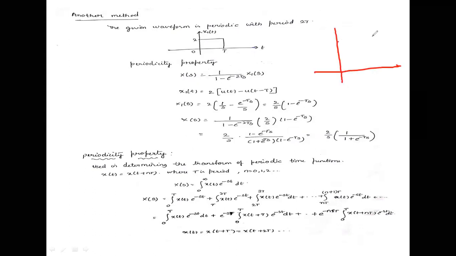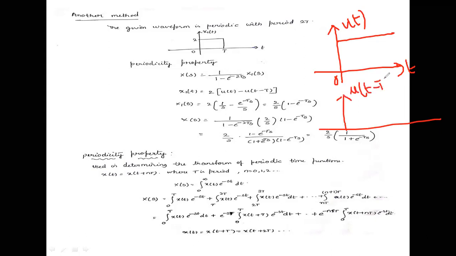First of all, you can use the mu of t. What is the mu of t? From 0 to infinity, the value is 1. And another step function is shifted by t. Now you can subtract these 2 functions: mu of t minus mu of t minus t.